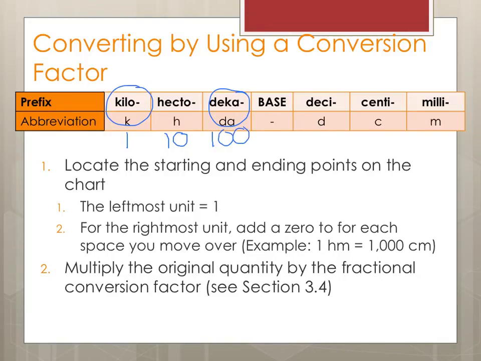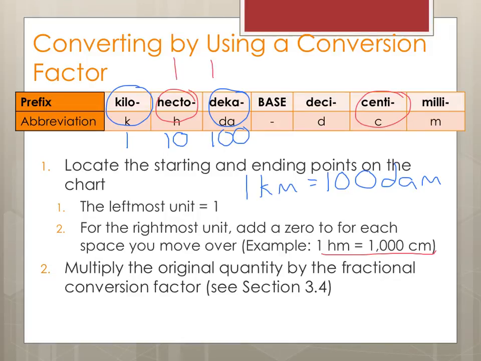Okay, so what does that mean? 1, let's say kilometer, is equal to 100 decameters. Or in the example that I have listed here, if we're going from hecto to centi, we would start with 1, 10, 100, 1,000, 10,000.